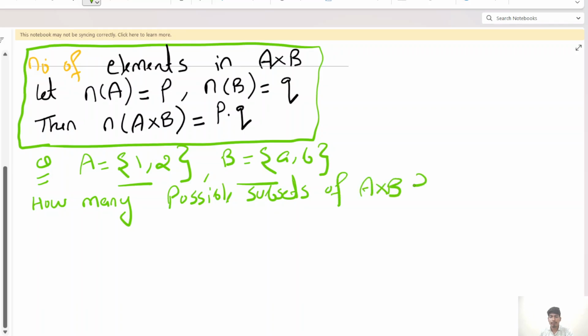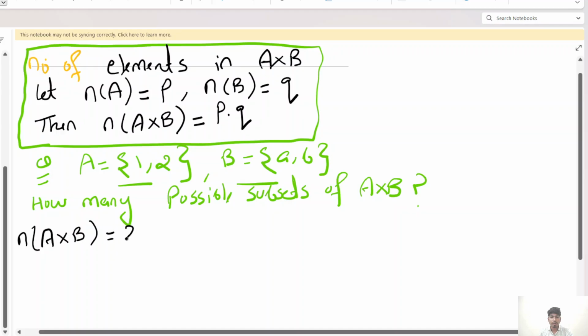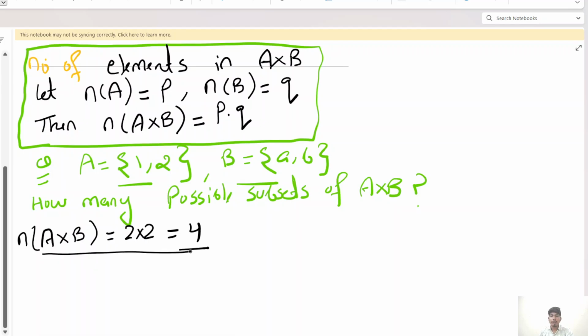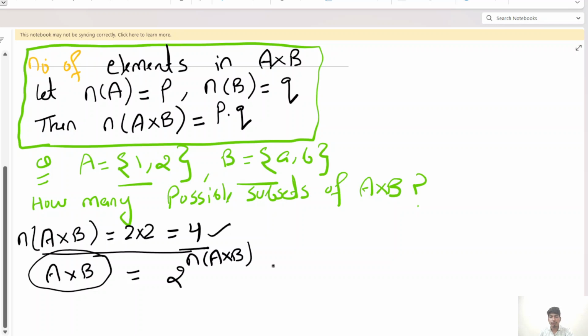How do we solve this? We know the number of elements in A cross B is 2 into 2, that is 4. And we know that the number of possible subsets of a set is 2 to the power the number of elements in that set. So here it is 4, then 2 to the power 4 is equal to 16. 16 is the number of possible subsets of A cross B.